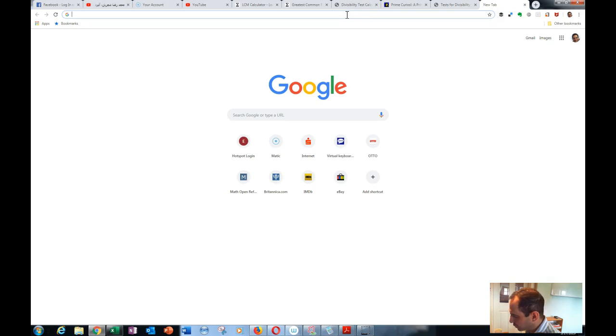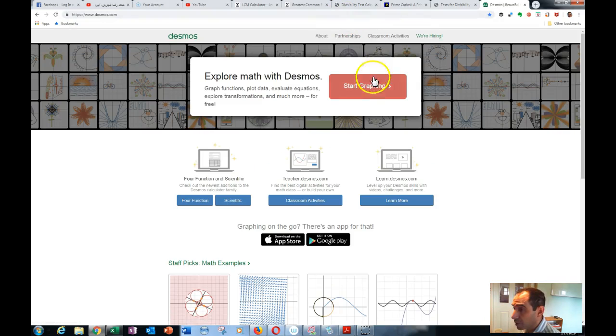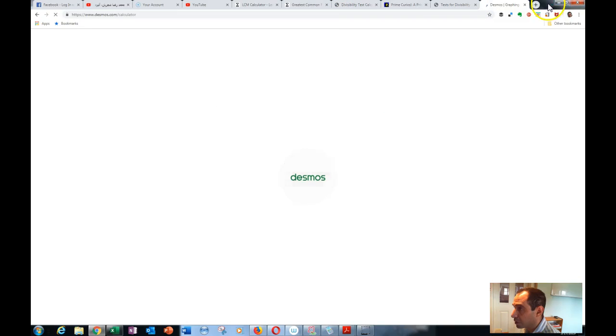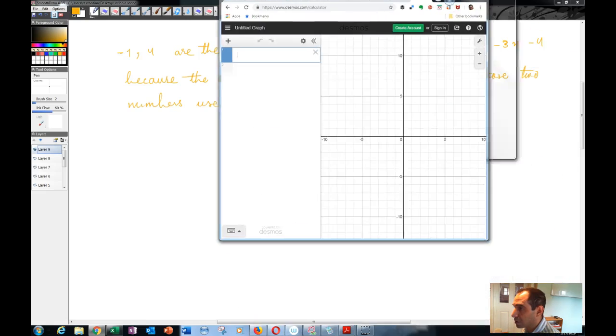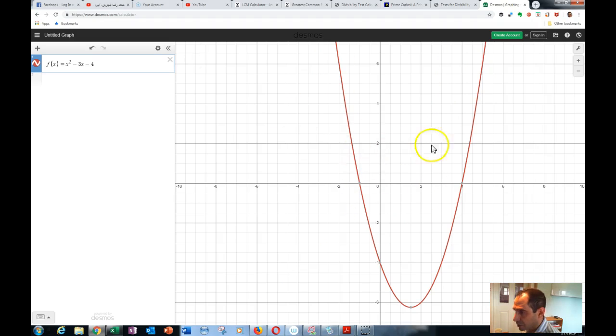For example, let's go to desmos.com and do the graph of this function. I write this as f of x is equal to x squared minus 3x minus 4. And as you can see, this is a parabola.